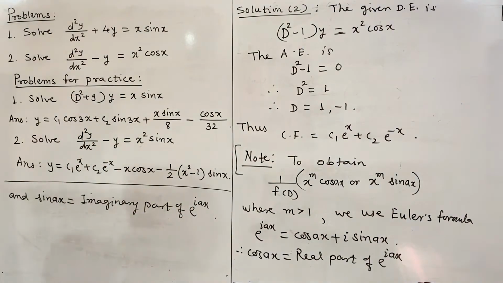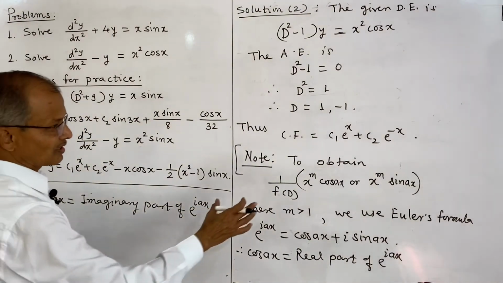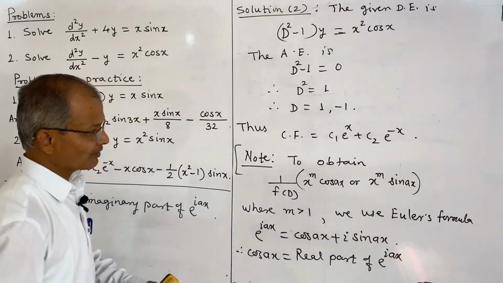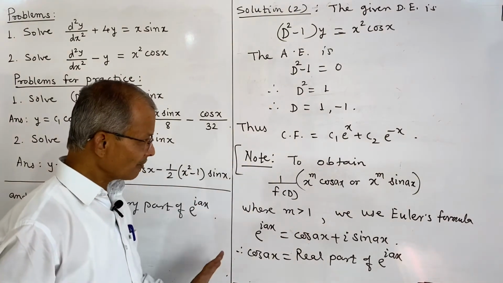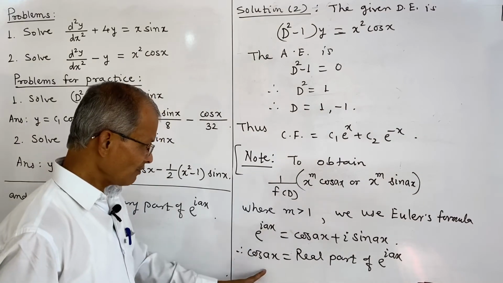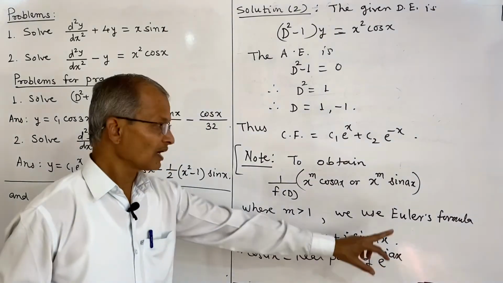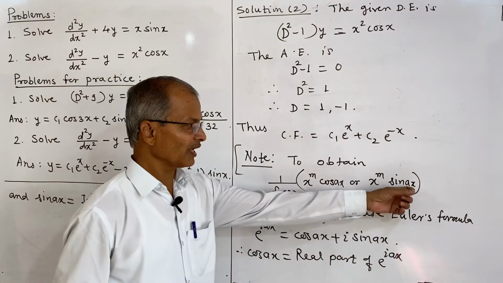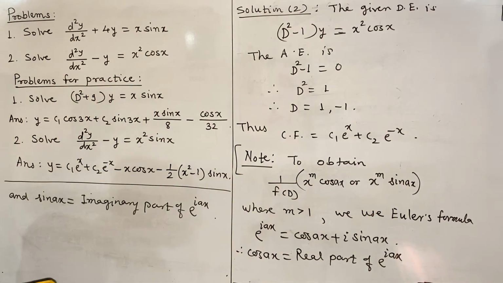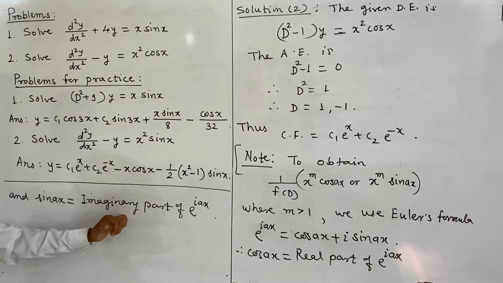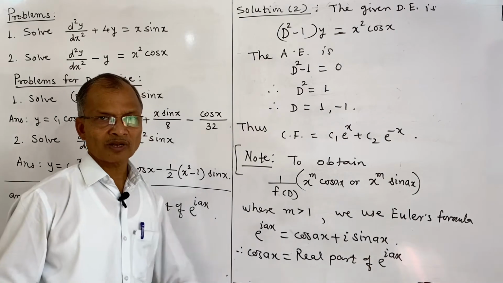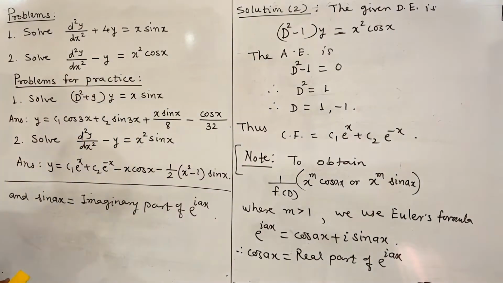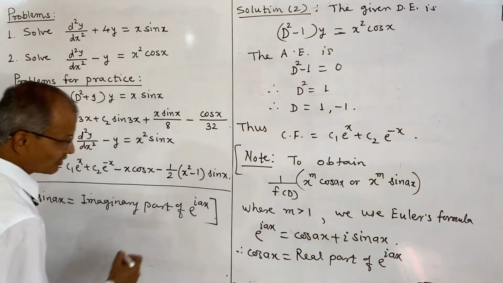So in this way we can express these functions. x power m cos ax will be the real part of x power m e power iax. And x power m sin ax will be the imaginary part of x power m e power iax. So that is to be remembered and to be used.